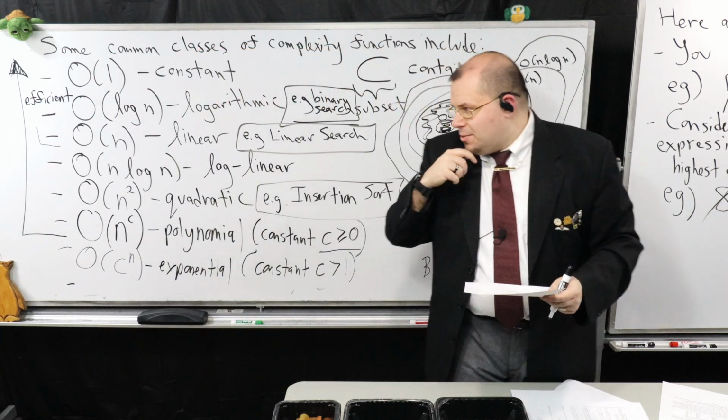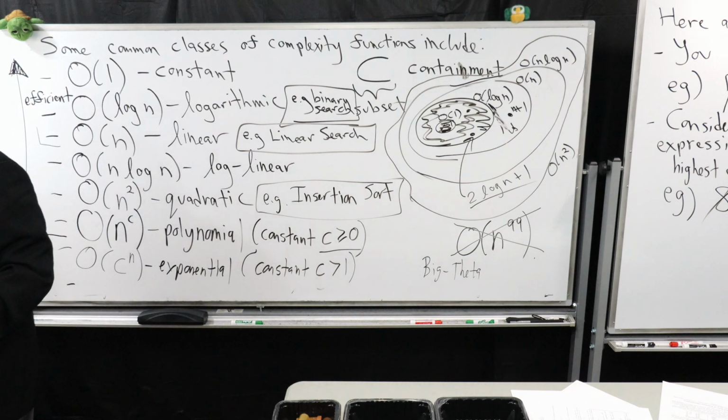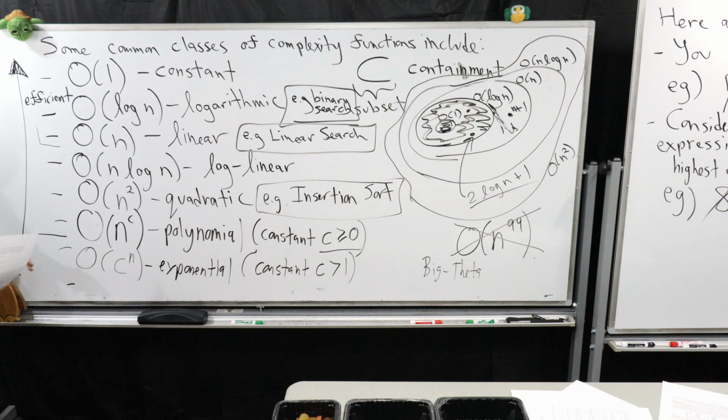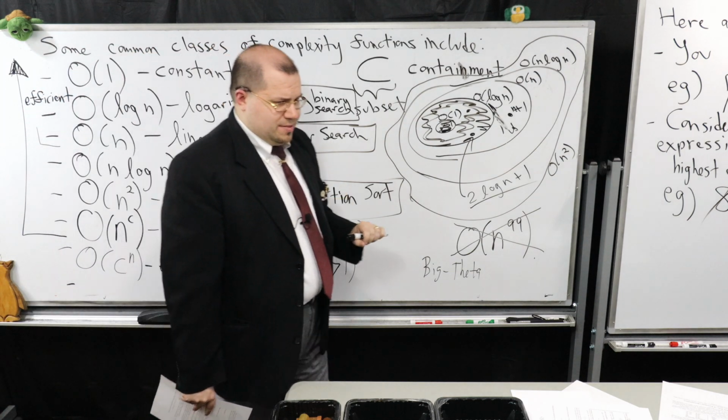If c is equal to 0, n to the 0 is just 1, right? So if c is 0, you end up with a constant function. When c is 1, you end up with a linear function. When c is 2, a quadratic function. When c is 3, a cubic function. But the big point here is that it's the whole collection of all possible polynomials.